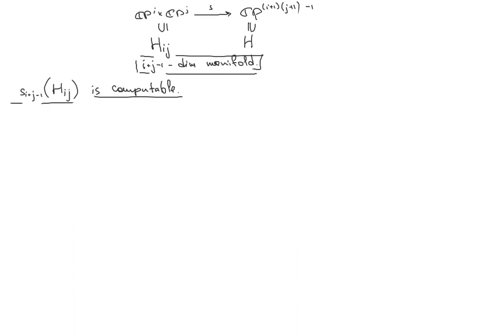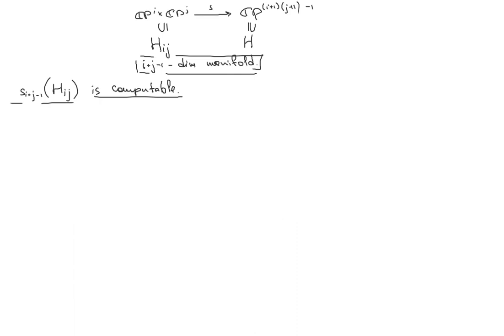We know the tangent bundle of CP^i, or at least its Chern classes, because if we take the tangent bundle and add the trivial bundle, we get a direct sum of copies of the hyperplane bundle O(1). So this gives us the Chern classes.